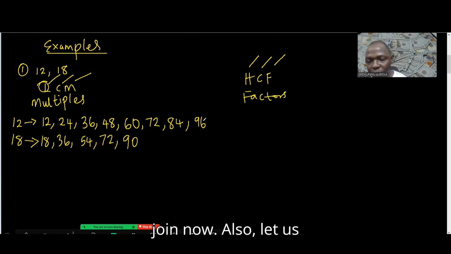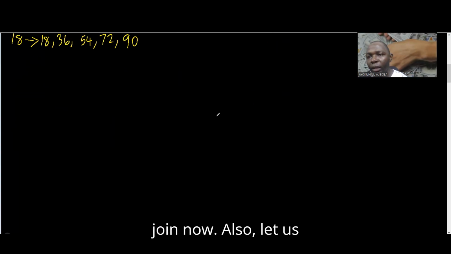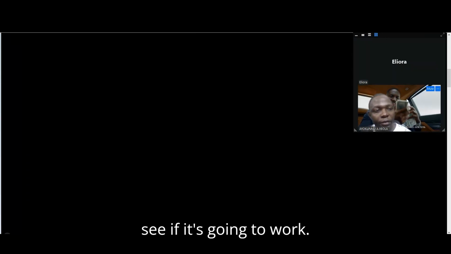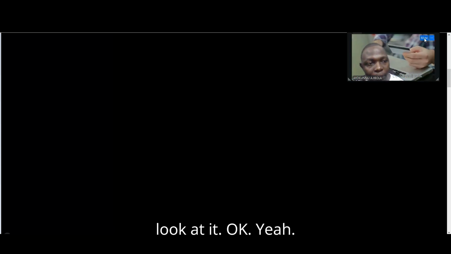Okay, my student wants to join now also. Let me admit her into the class. Let's see if it's going to work. Your video still didn't work, right? Yeah, I don't know what happened. Okay, is your mom around? I think she's in my room. Okay, please tell her so that she can look at it.